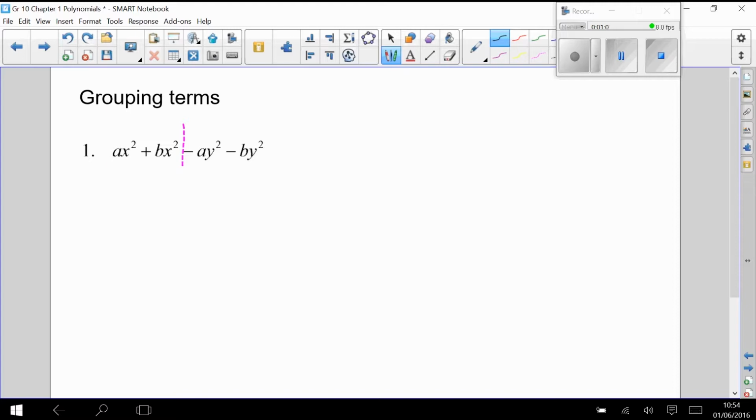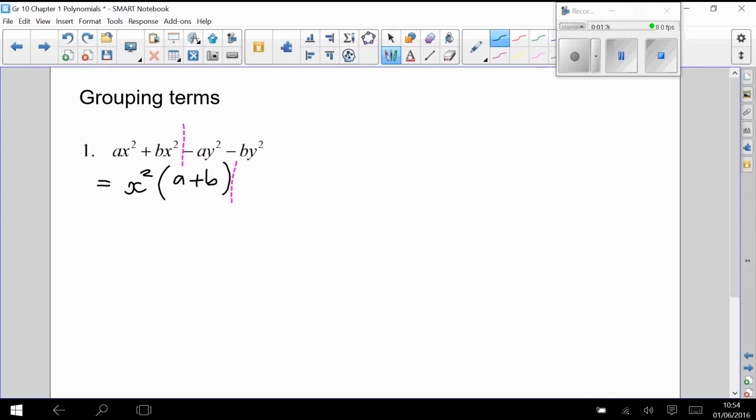the second 2 terms. Looking at my first 2 terms, I have a highest common factor of x squared. When I take that out, I am left with a bracket factor of a plus b. Now, keeping my line, I'm now going to be working on the right-hand side of that pink line.